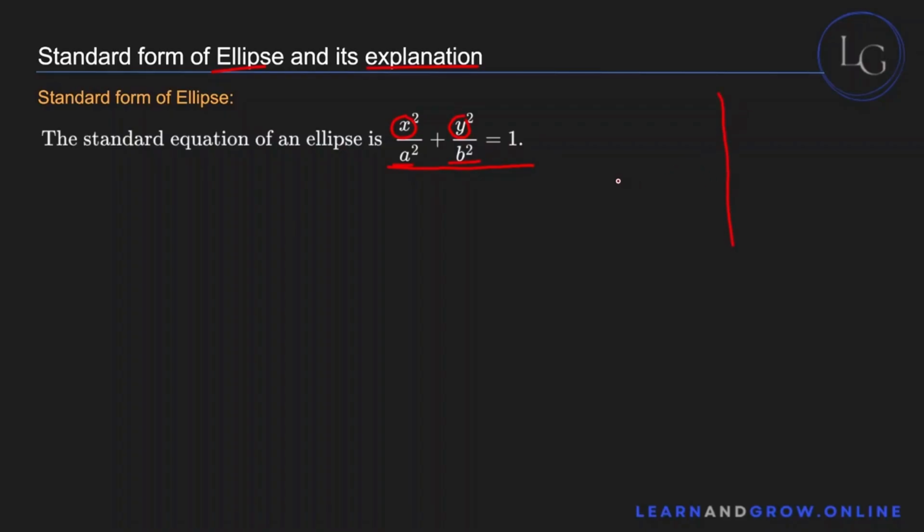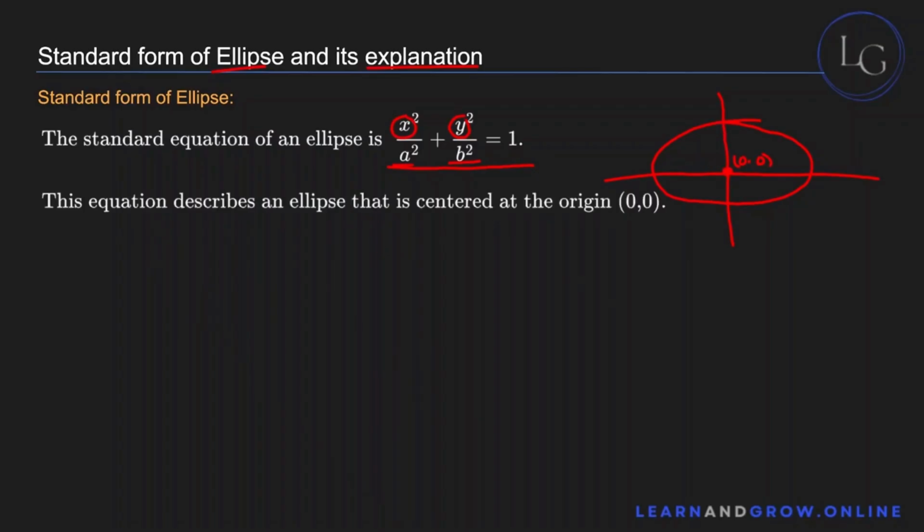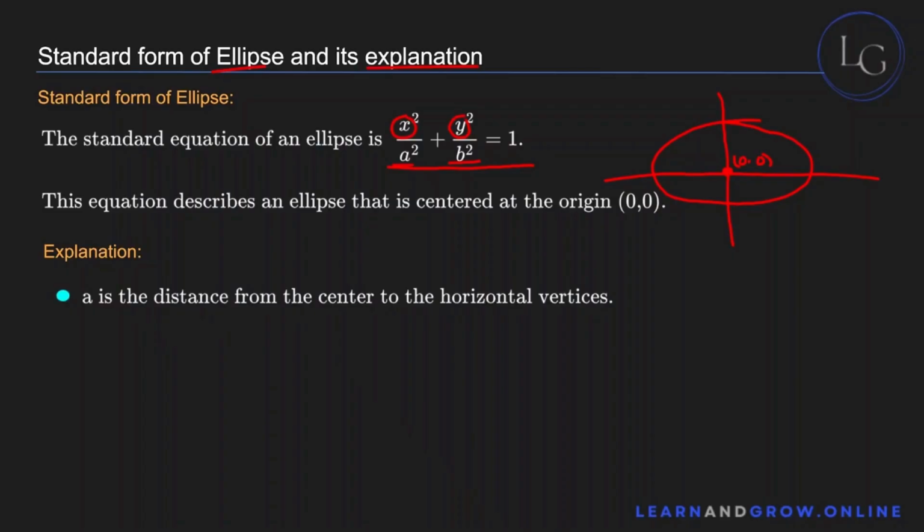Let's say this is the coordinate axis, and let's say that this here is an ellipse, centered at the origin O, so 0, 0. Now, this equation is indeed for an ellipse that is centered at the origin, so we can apply this equation on this particular ellipse.